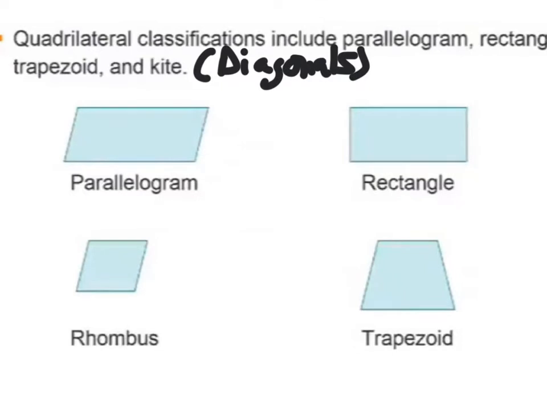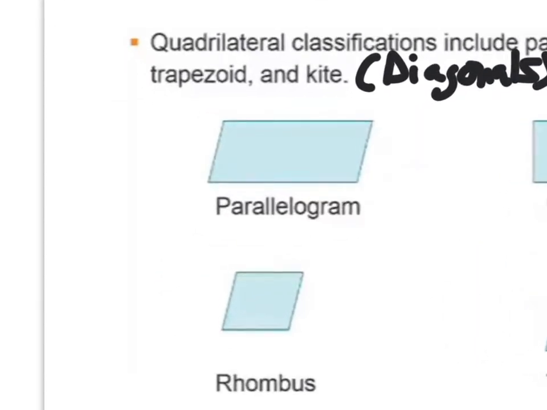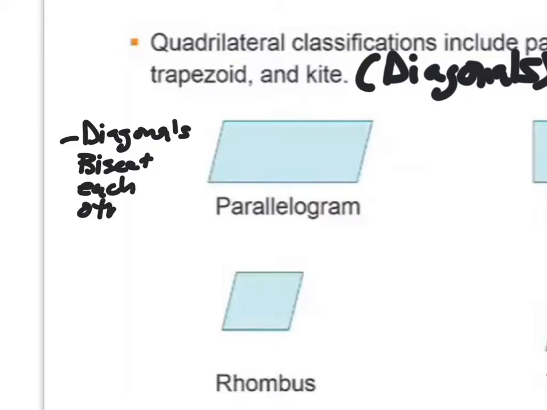So in a parallelogram, what I know is that the diagonals bisect each other. I'm going to draw in that picture here. If we can show that, and we'll go through how to do that, then we have just an ordinary parallelogram.